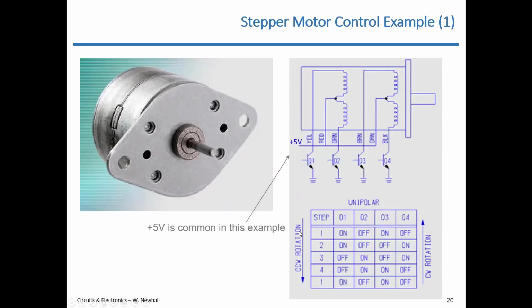If I want to have counterclockwise rotation, step 1, 2, 3, 4, here is the order of energizing those coils, or the states of the transistors. So on means saturated, off means cutoff. If I want to spin the opposite direction, energize in the opposite direction. Okay, if I want to control the speed, control how fast you switch between steps.